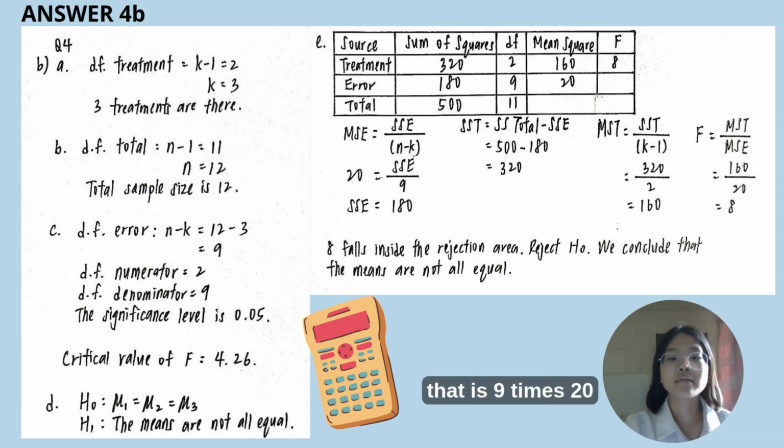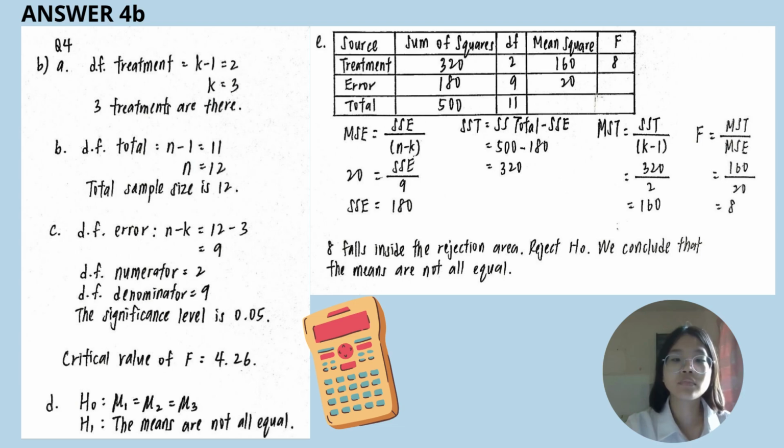That is 9 times 20 equal to 180. Next, we can find the sum of squares for treatment, which is sum of squares for total minus sum of squares for error. 500 minus 180 equal to 320.